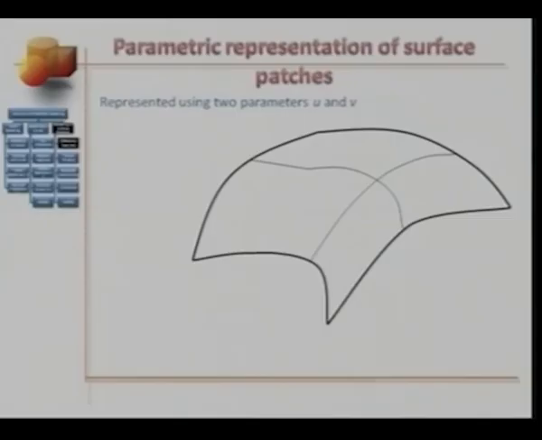You can draw a set of curves on this patch, for example. If you think about it, we'll have four bounding curves. Along two curves, one can think of using the parameter u, and along the two other curves, this one and this one can think of using the parameter v.